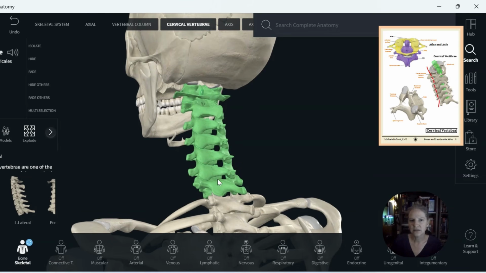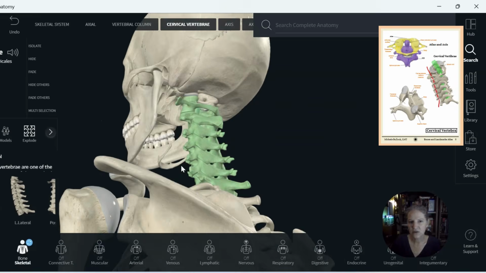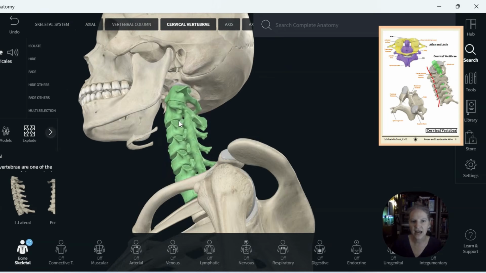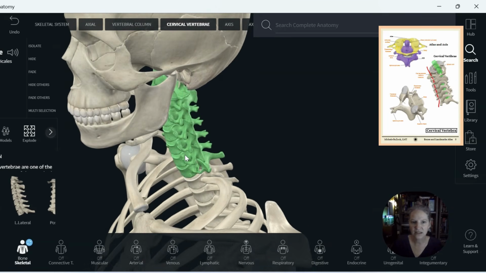There are little holes on the side. These are called the transverse processes, the side sticky-outies. And the center back sticky-outies are the spinous processes. Inside these transverse processes you can see little circles.